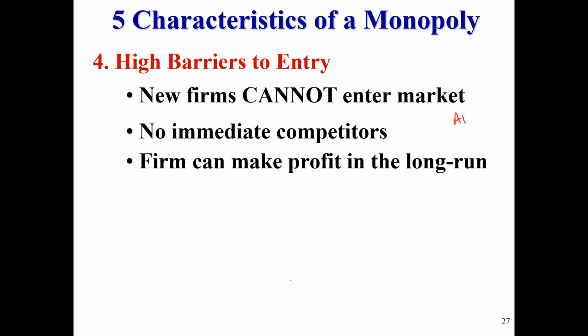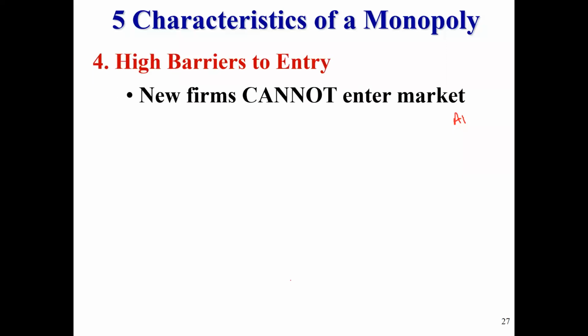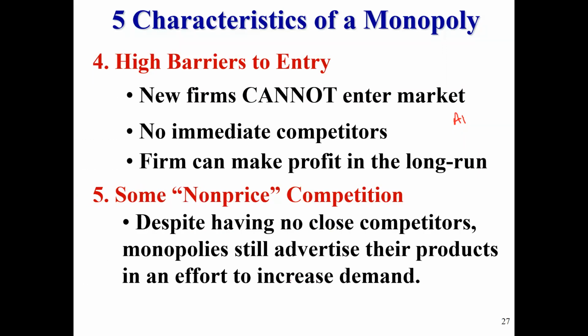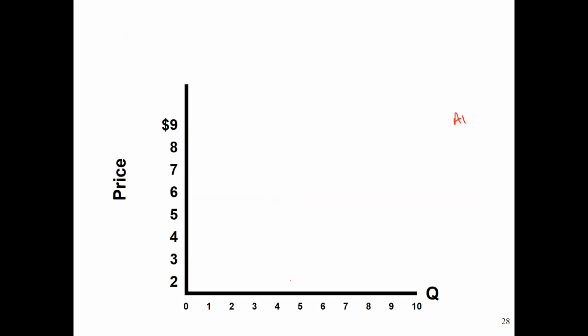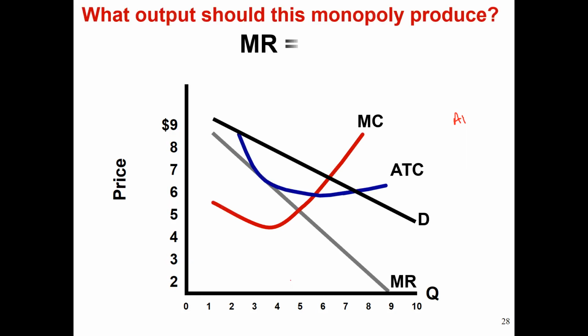Okay, so I'm going to just go back here for a second. Again, single seller, unique good, price maker, high barriers to enter and exit. So we're going to have economic profit or loss in the long run, some advertising. Here is your monopoly, D and MR, MC going up, MC equals MR is the profit maximizer in every firm.